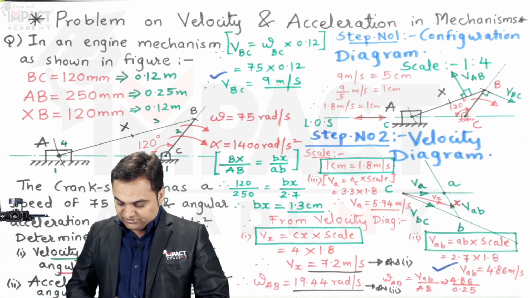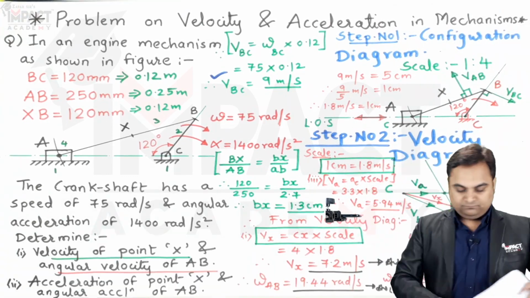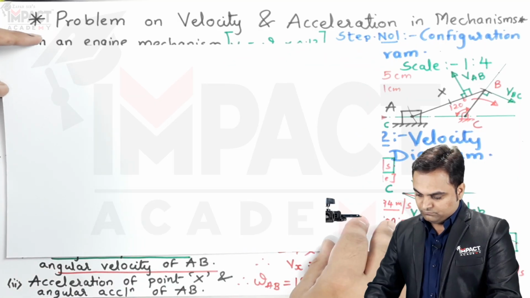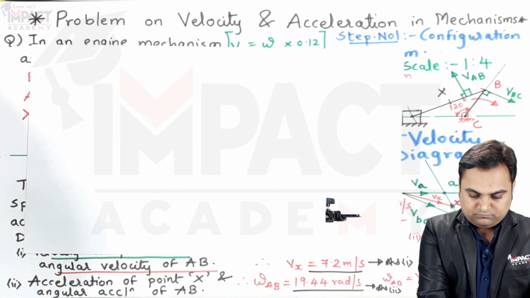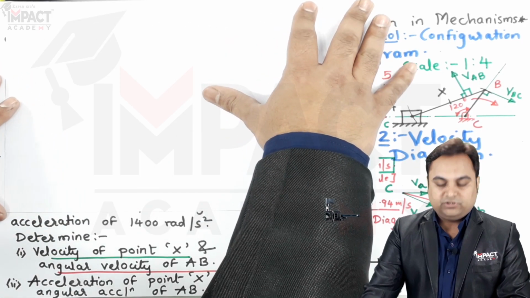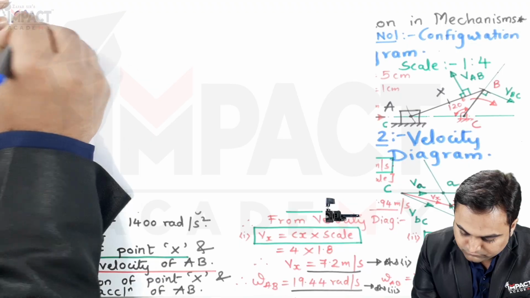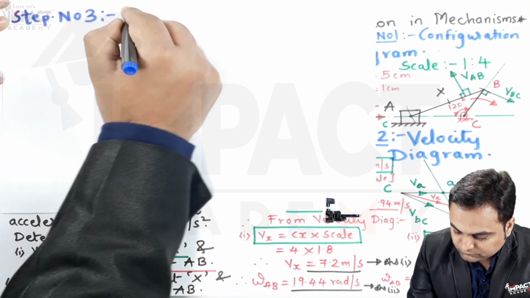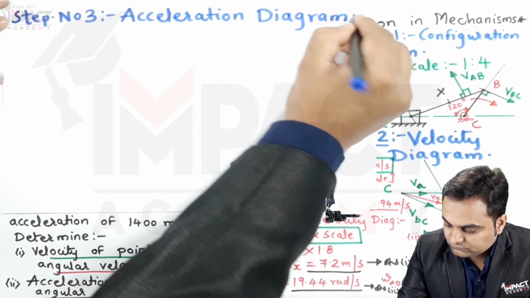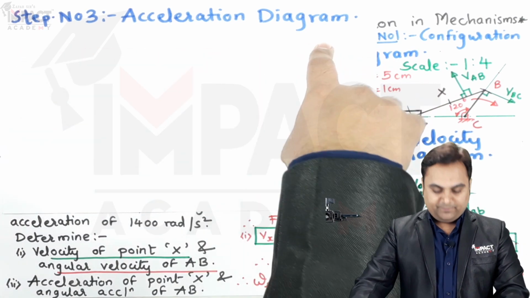Now once all the velocities are known, we can go for the acceleration diagram, and I'll quickly start that acceleration diagram and explain the method. Now in order to draw the acceleration diagram, that is step number 3 for this problem, first of all we have to draw a table.